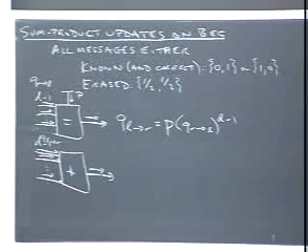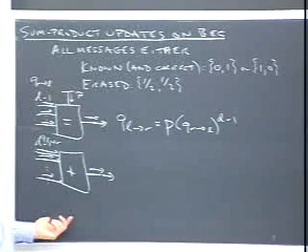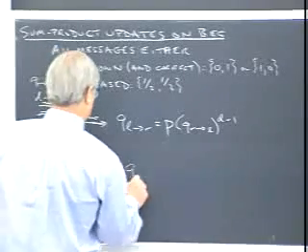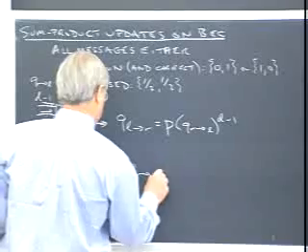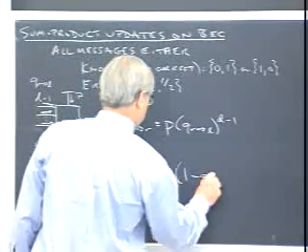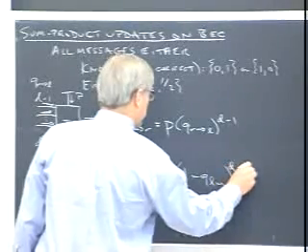Well, it's easier to compute here the probability of not being erased. This is not erased only if all of these are not erased. So we get 1 minus Q right to left is equal to 1 minus Q left to right to the D minus 1.